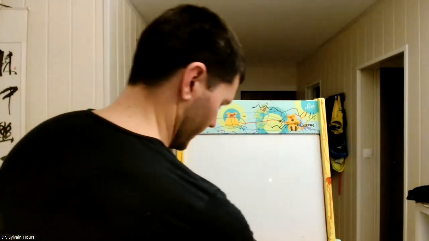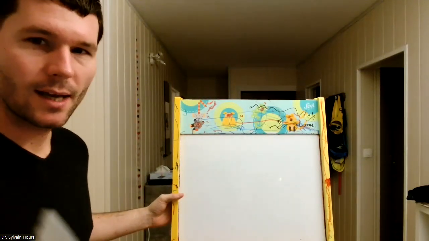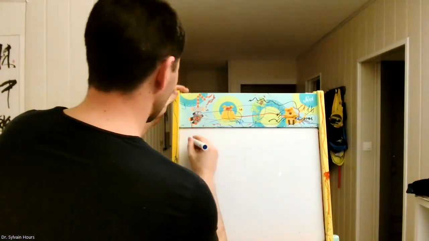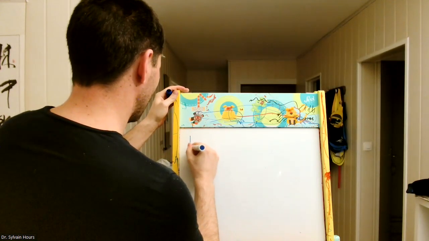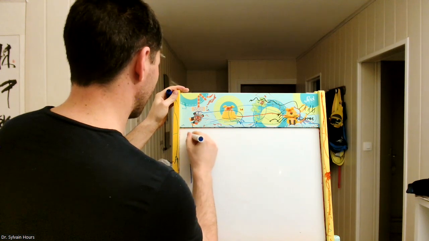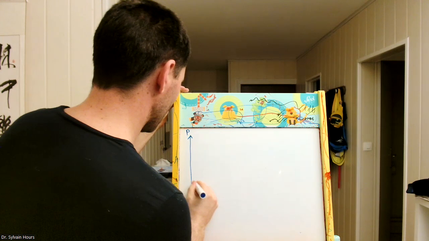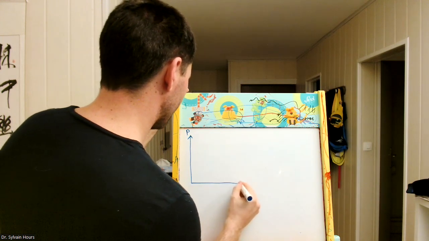So this board is a bit small, but I'll try to make it as clear as possible. Okay. On the left-hand side, I'm going to graph the market. So of course we have the price and the quantity.